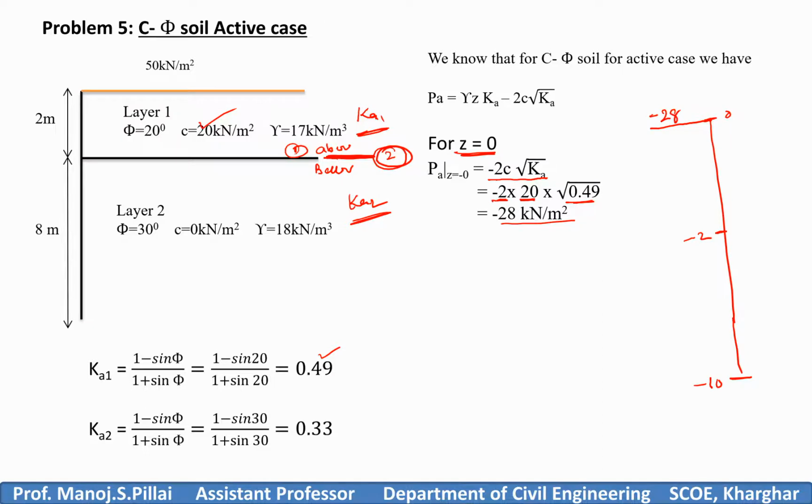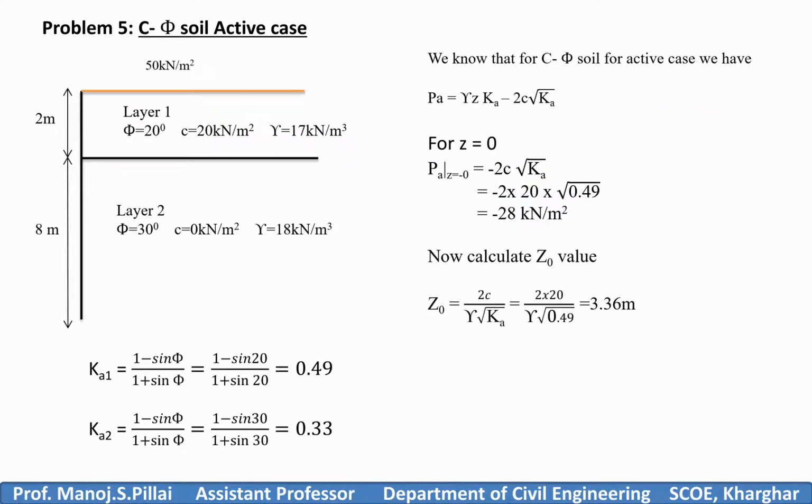Before that, whenever you have this condition, there is some depth which is called z0, the critical depth. You have this formula, 2c over gamma root Ka.